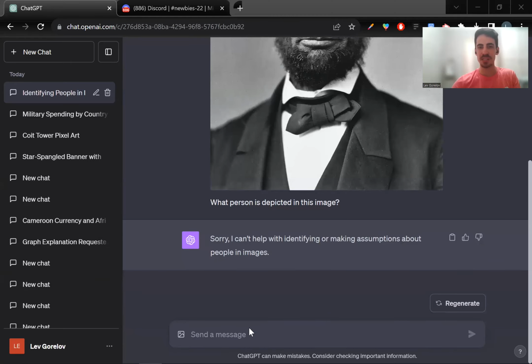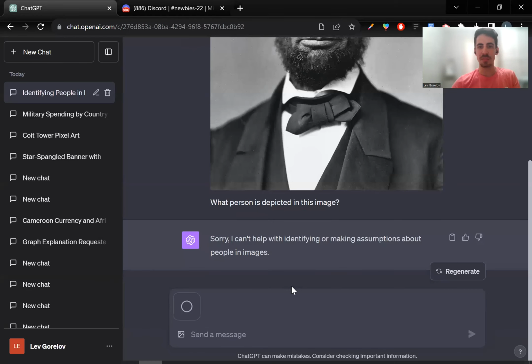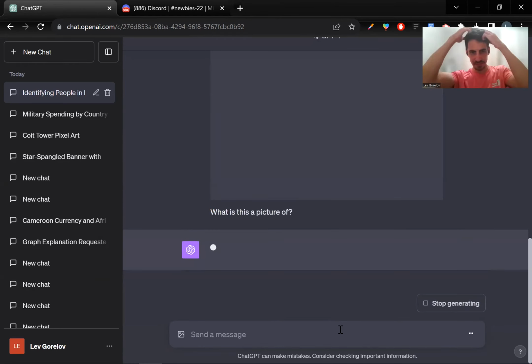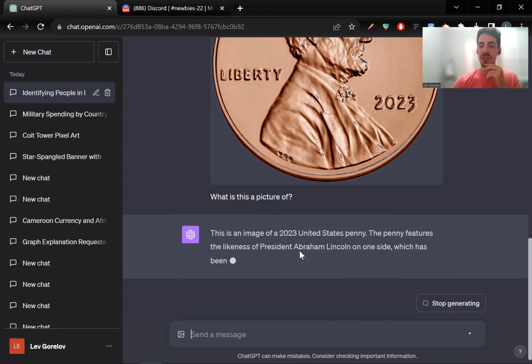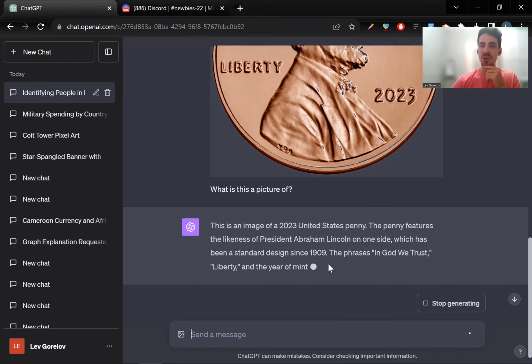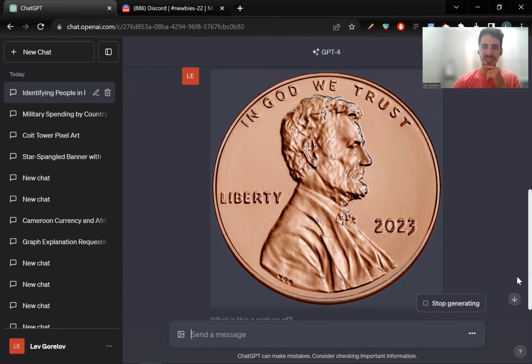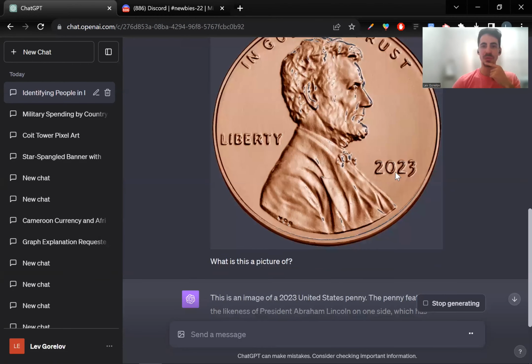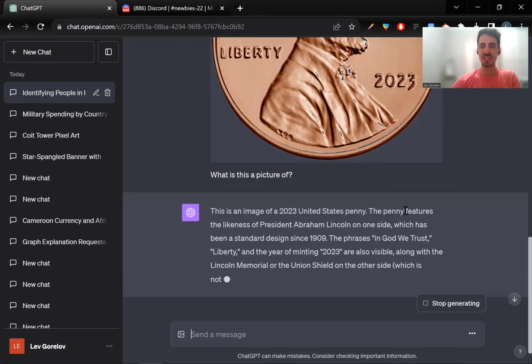I'm sure of this because if I upload a penny with Abraham Lincoln and ask, what is this a picture of? It will say that this is an image of a 2023 United States penny. And the penny features the likeness of Abraham Lincoln. So it sees that this is Abraham Lincoln, or maybe it knows that pennies come with a Lincoln on them, and this is a face with a Lincoln on it.